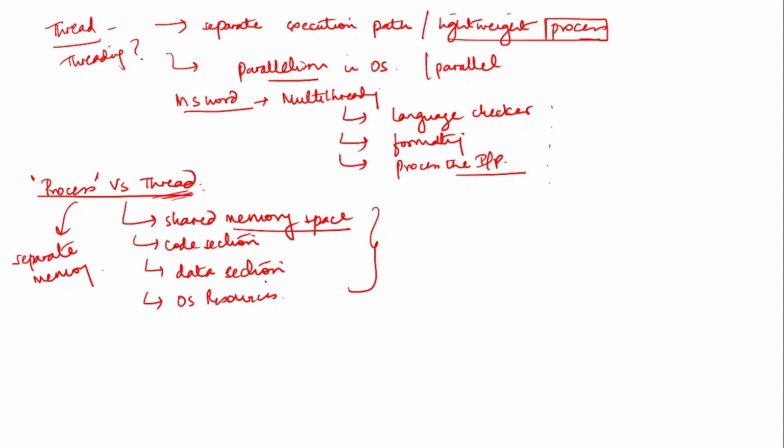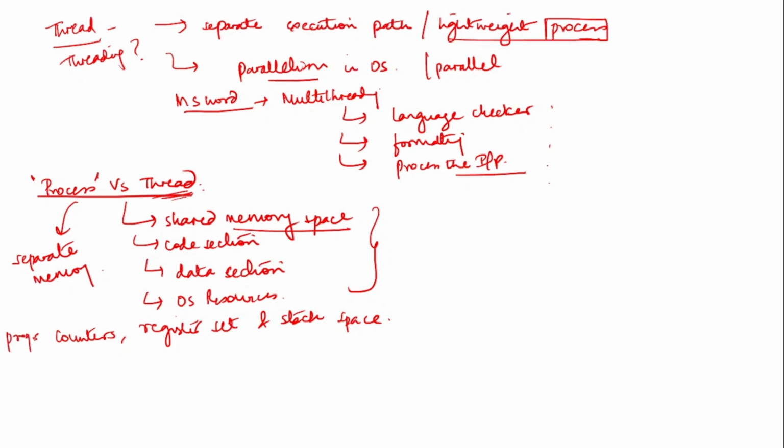But obviously whenever you create a separate thread, they do have something that is not in common, which includes the register set and the stack space. So when we talk about threads, they have some different sections which they don't share, which include the program counter.